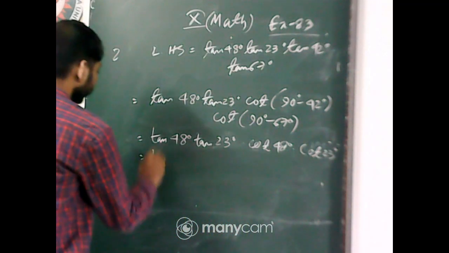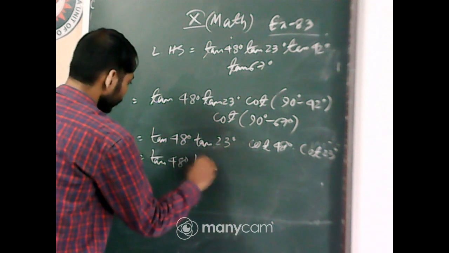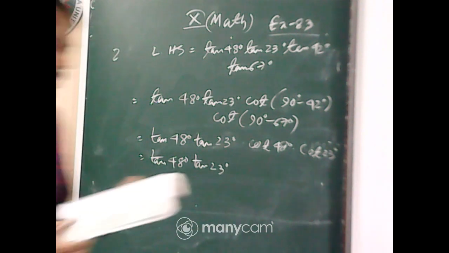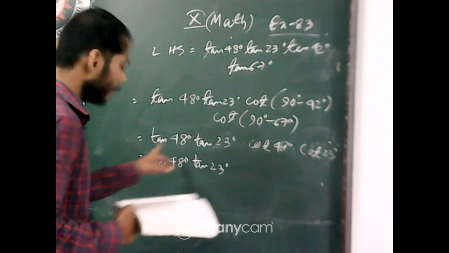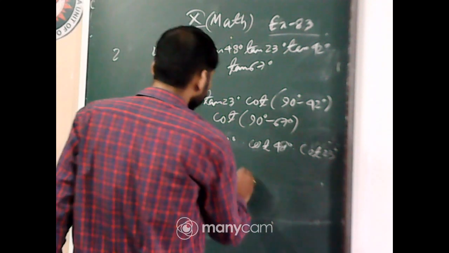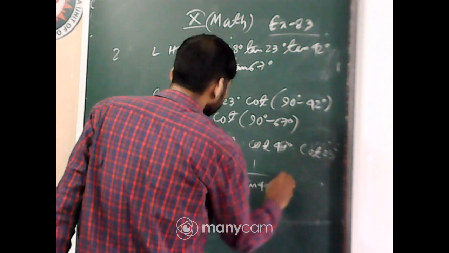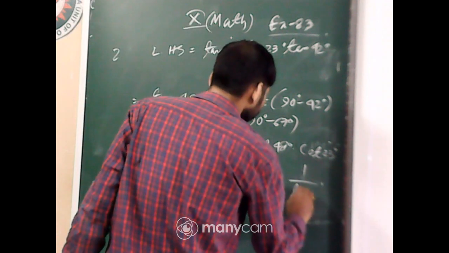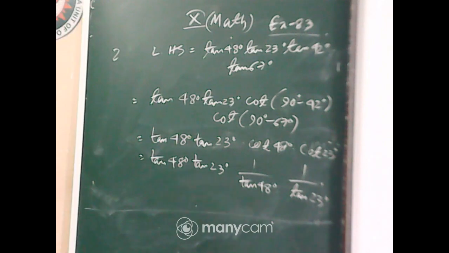Now there is also a reciprocal relation between tan and cot, okay? So instead of cot 48 degree, we may write 1 by tan 48 degree, and instead of cot 23 degree, we may write 1 by tan 23 degree, okay?